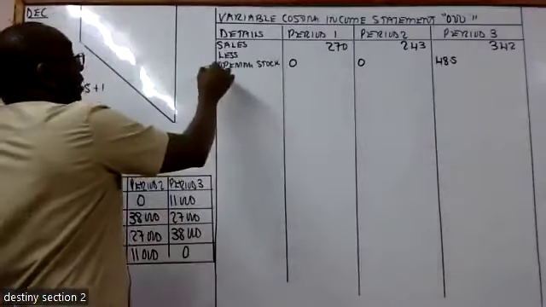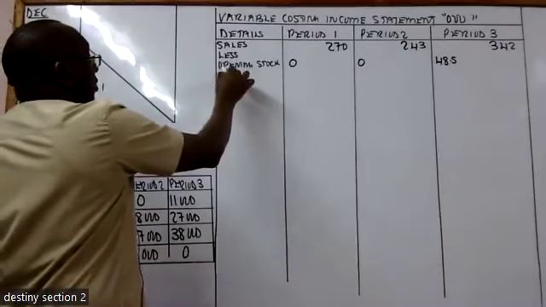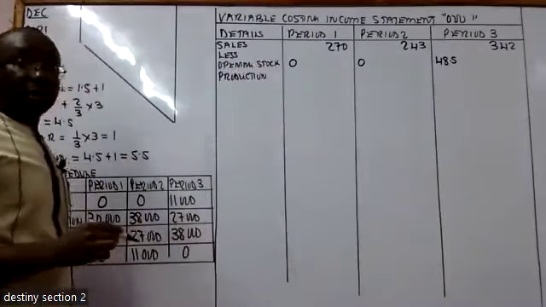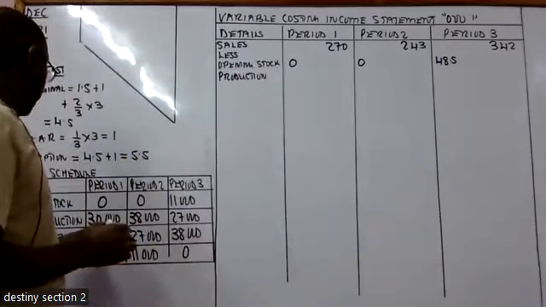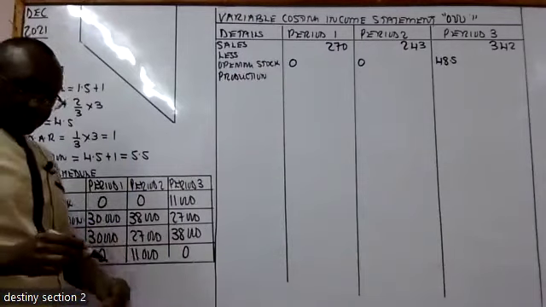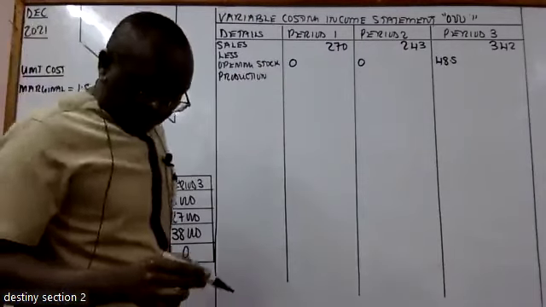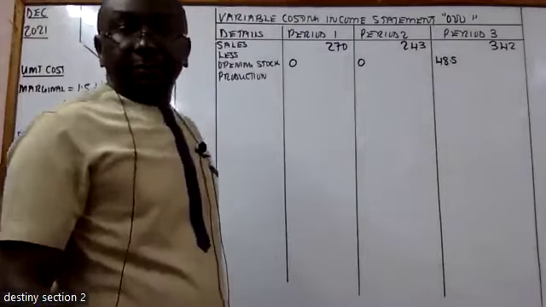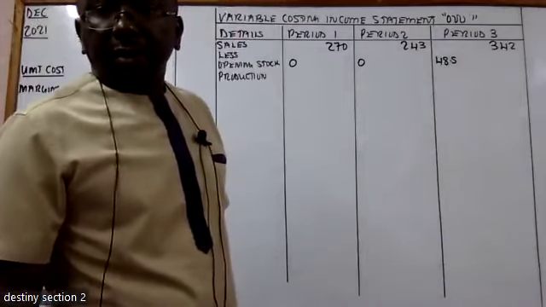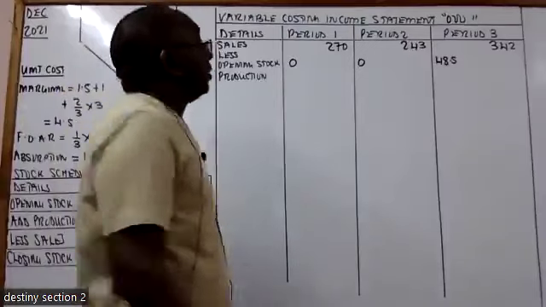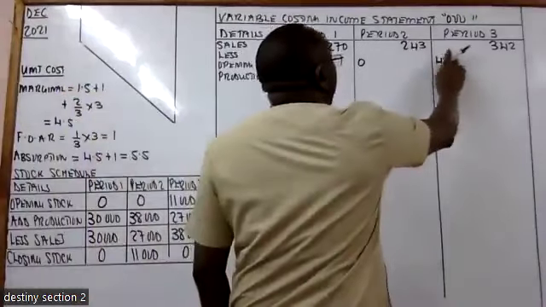So we now bring production. Production is 30 times 4.5, which is 49.5.